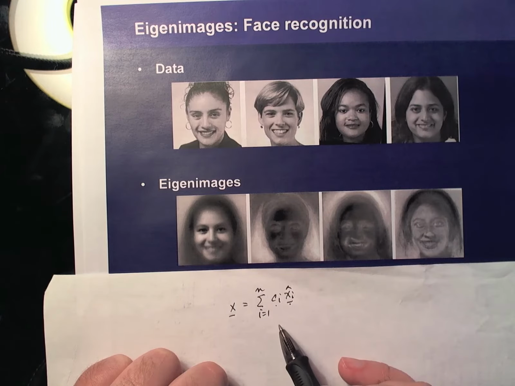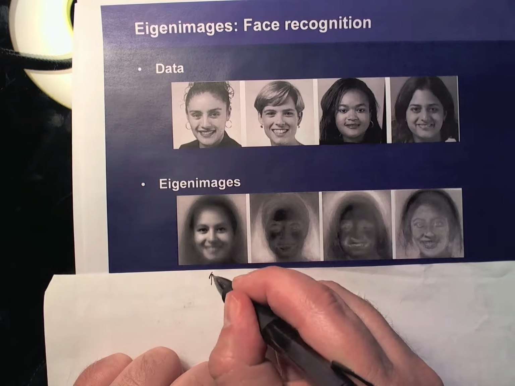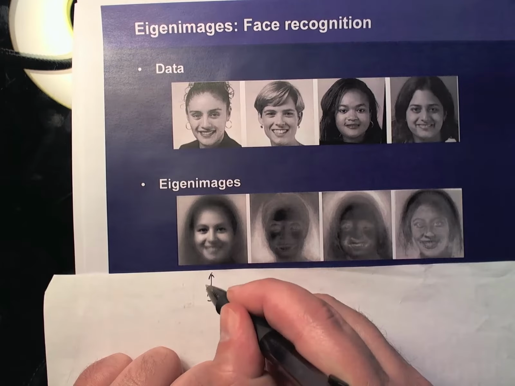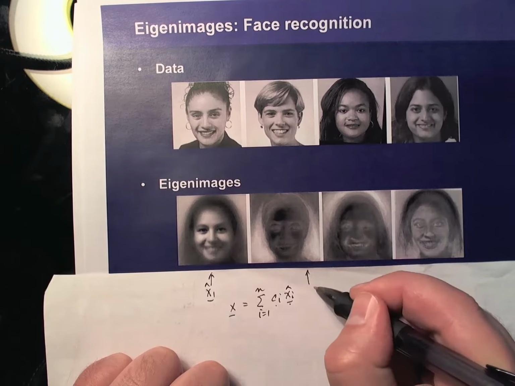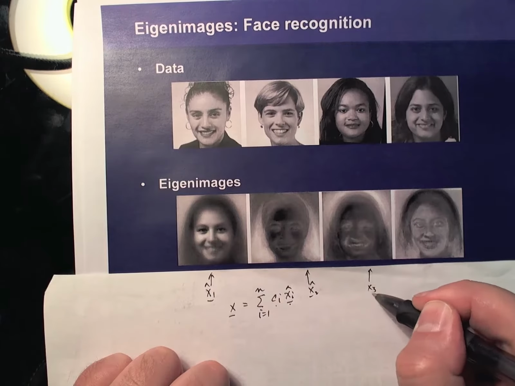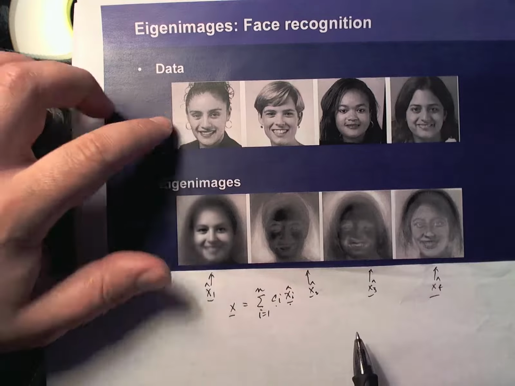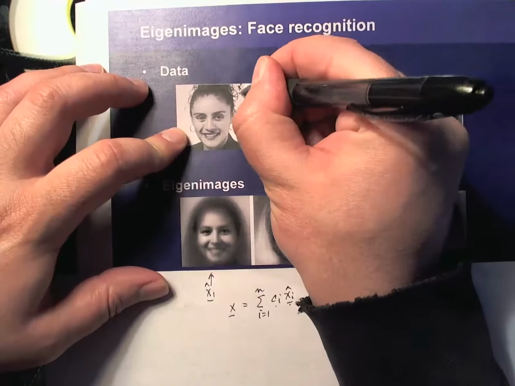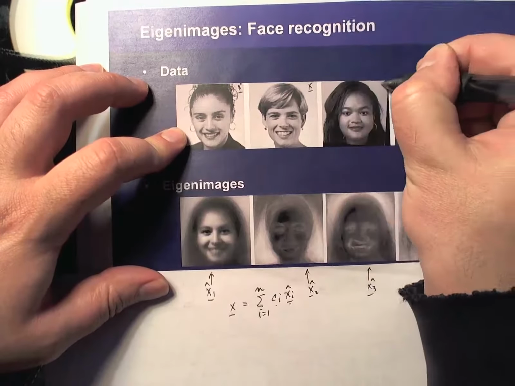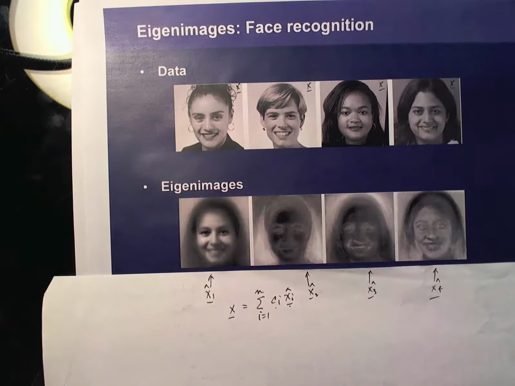This is just like what we did a second ago. Now, in this example, this is the first basis vector. This one's the second. This is the third. This is the fourth. Okay? And each of these people is one example of this image X. These are random examples. So these are like the points in those plots that I was making.